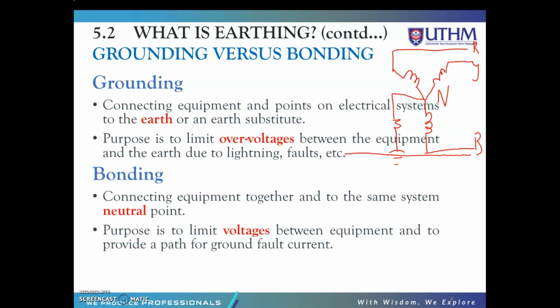So this we call grounding. You have to differentiate between the grounding, the earthing, and also the bonding. The purpose of this grounding is to limit overvoltage between the equipment and the earth due to lightning, faults, etc.